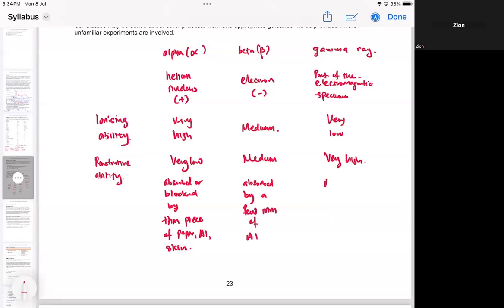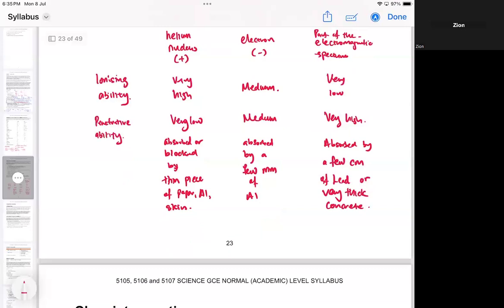The last one, gamma, is absorbed by a few centimeters of lead metal or very thick concrete. Is this okay?